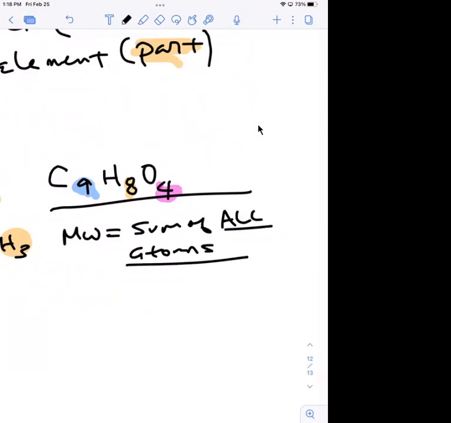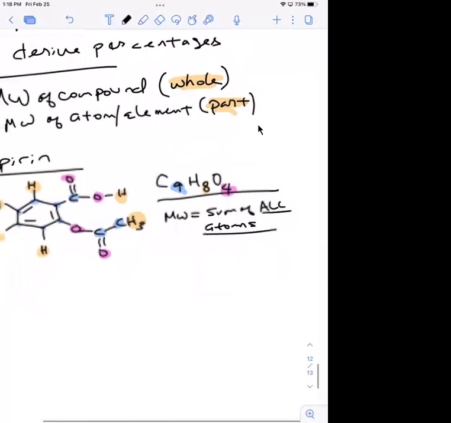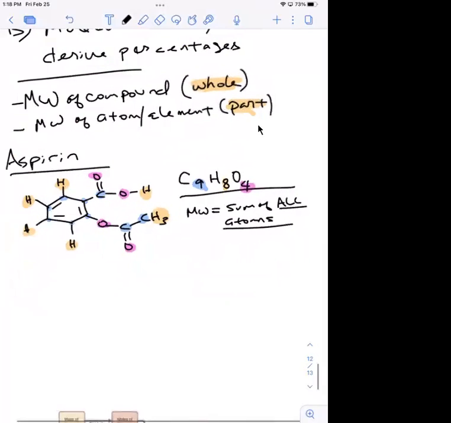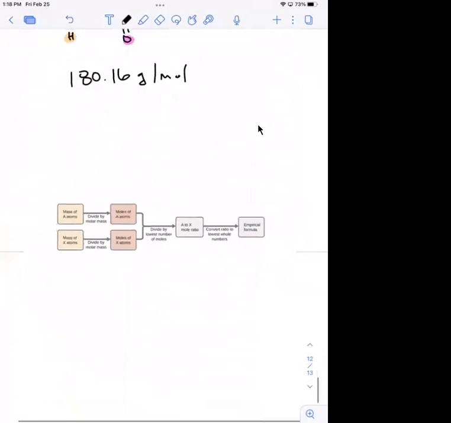So it's the sum of all your atoms, right? So when you do that, the molecular weight for aspirin is 180.16 grams per mole. If you take 9 carbons, 8 hydrogens and 4 oxygens and add them all together with their atomic masses, you're going to get 180.16 grams per mole.